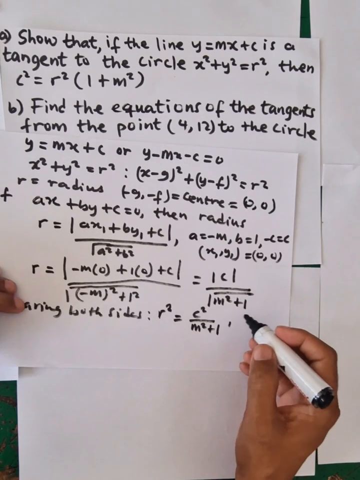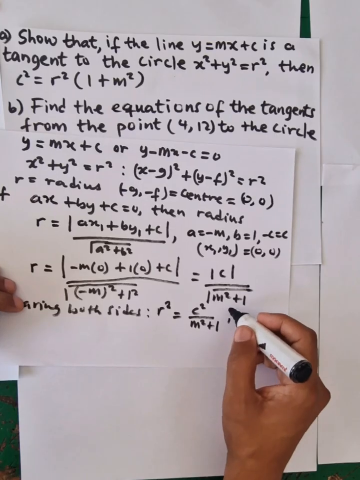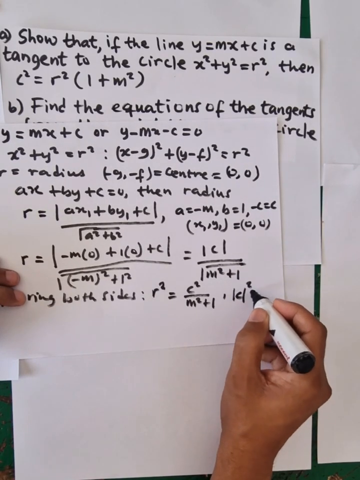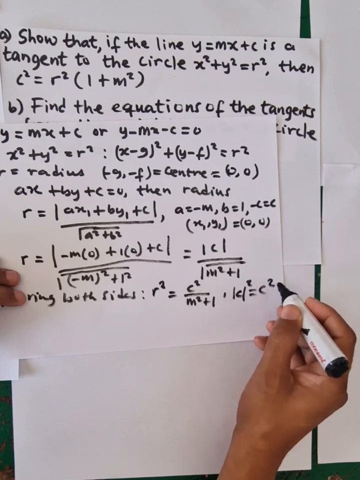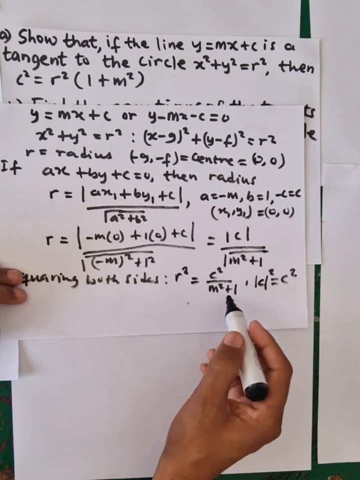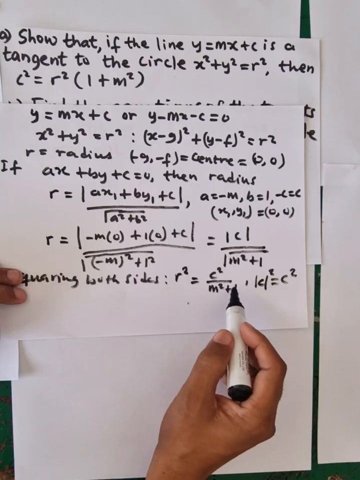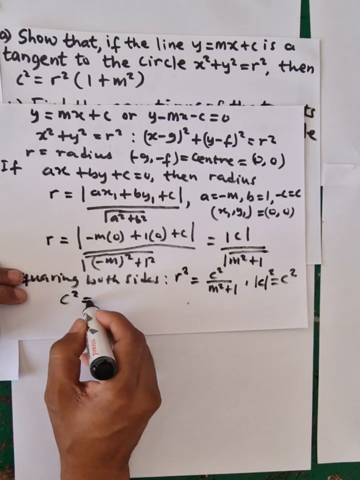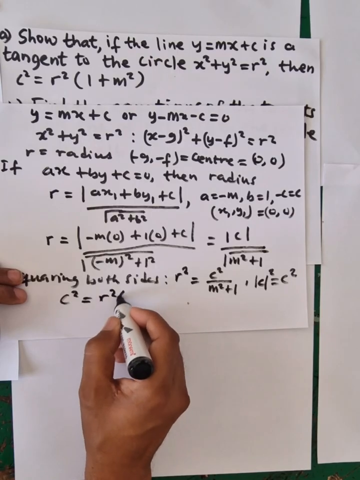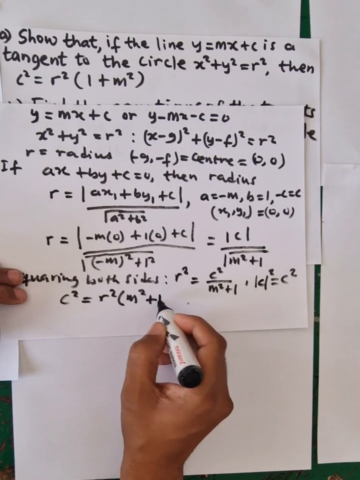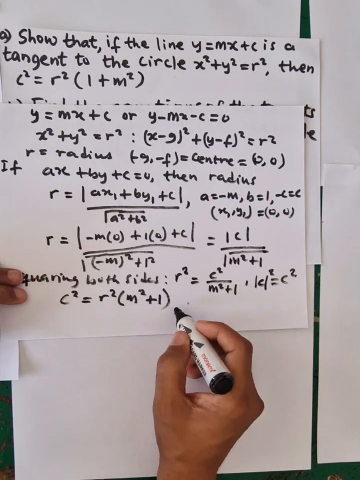Now note that if you have modulus of c and you square, your result is always c squared. So this is what we have. If we multiply both sides by m squared plus 1, we end up with c squared is equal to r squared into m squared plus 1. Now proven.